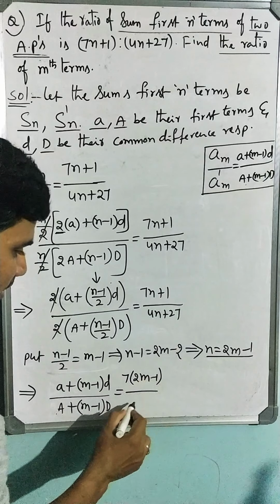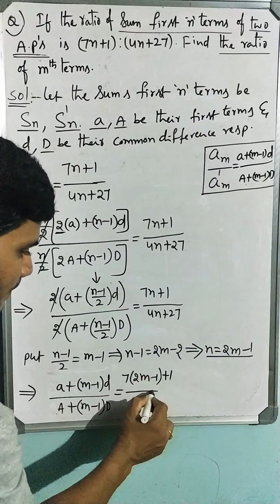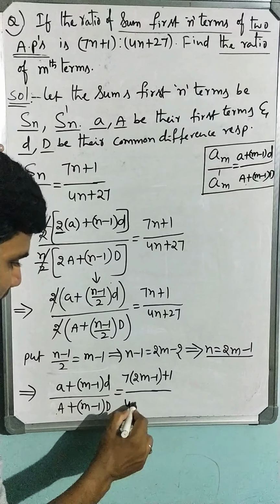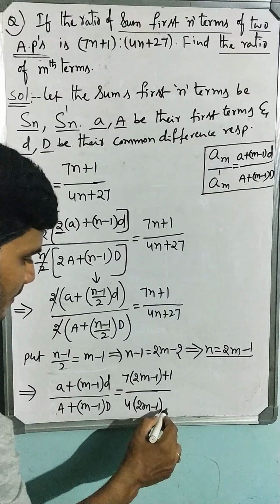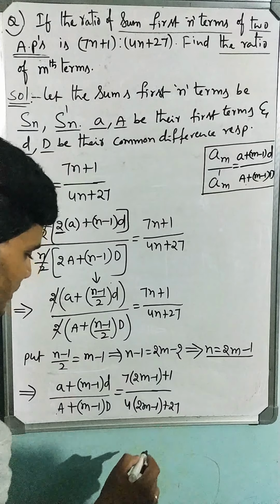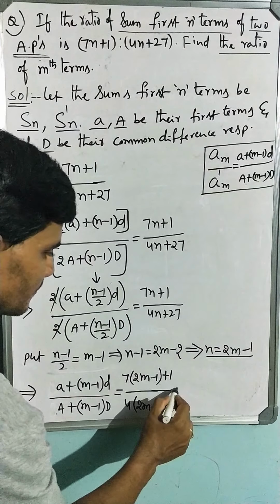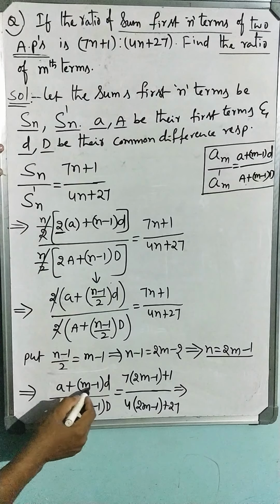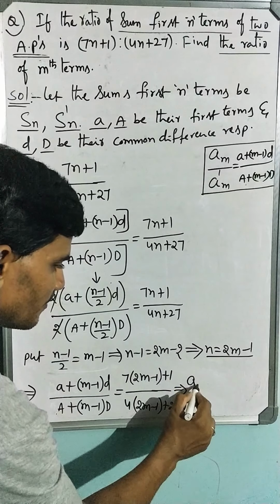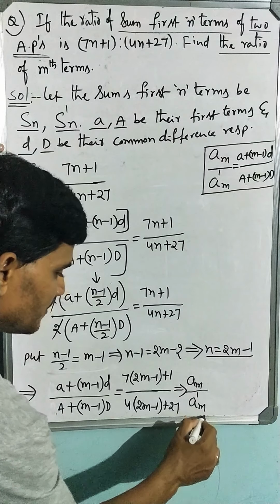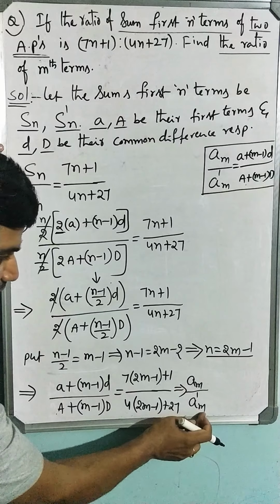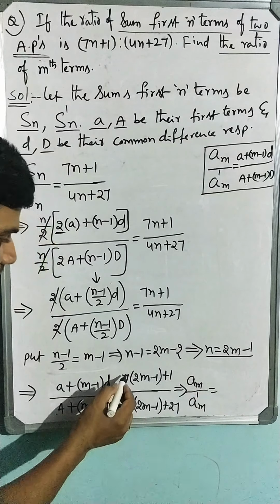So 7 times 2m minus 1 plus 1, by 4 times 2m minus 1 plus 27. The left side is the mth term of the first AP, am, and a dash m is the mth term of the second AP.